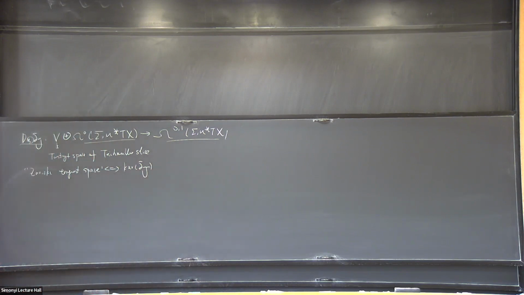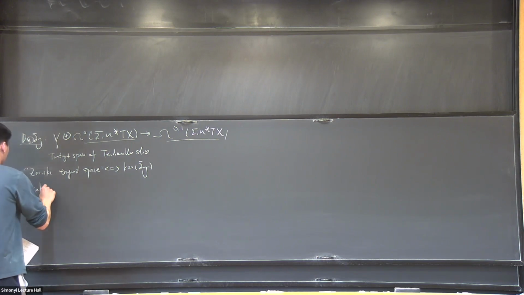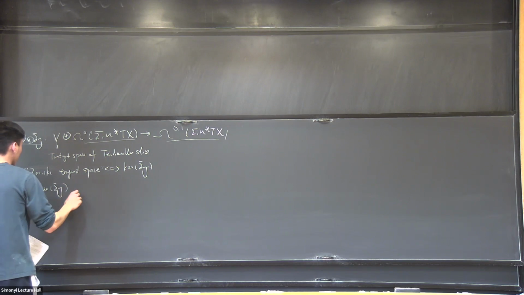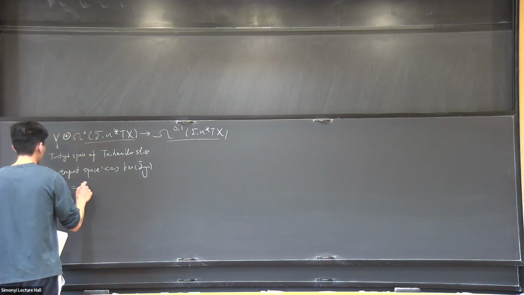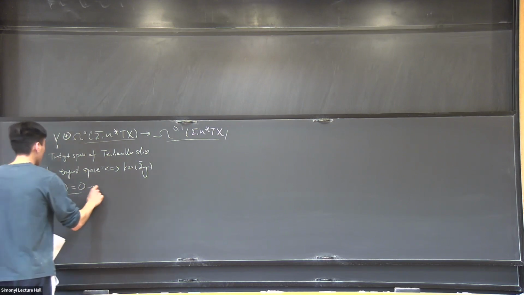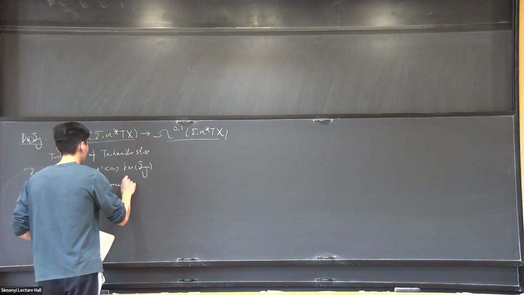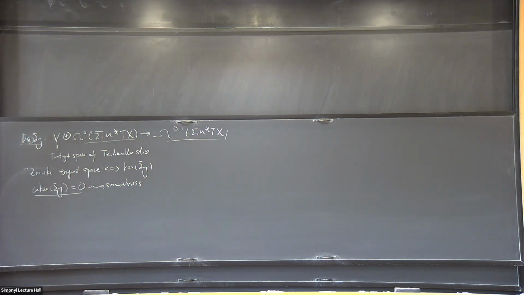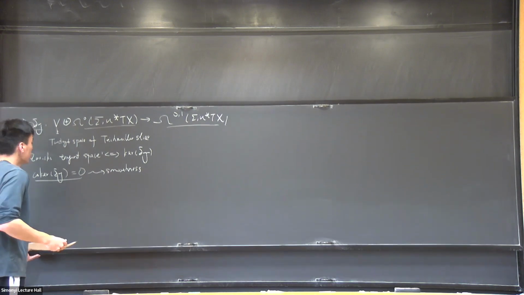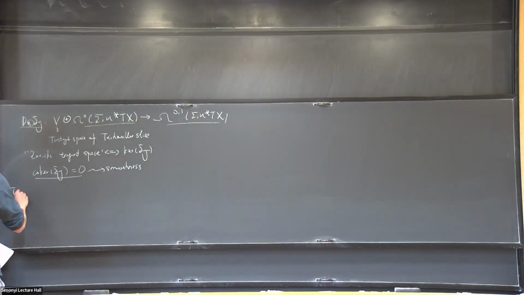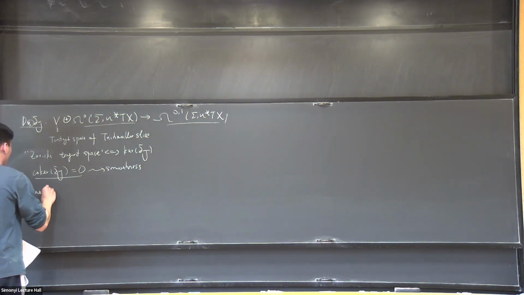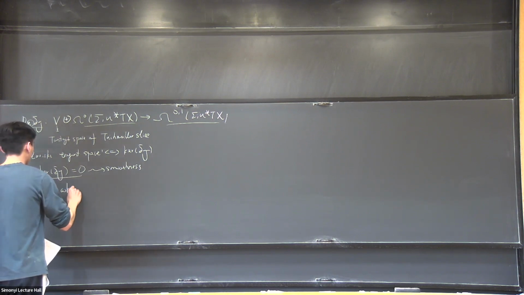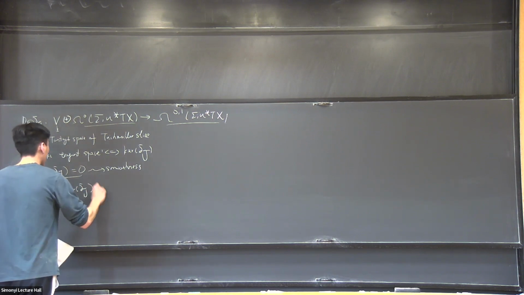In order for this space to be smooth, we know that the cokernel should be zero. But in general, because of problems coming from equivariant transversality, the cokernel of this operator is non-zero.